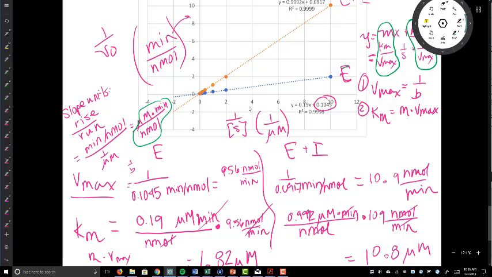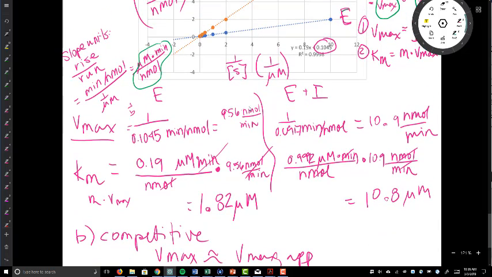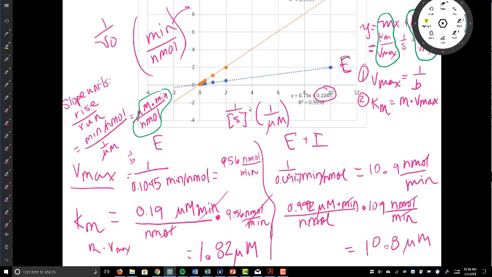If we multiply by the Vmax, which has units of nanomole per minute, the minute and the nanomole both cancel out, and we get a Km of 1.82 micromolar for the enzyme alone. And that makes sense. The units for Km are really scary, but now you can trust me and have visual proof that the units work out, even if you don't have micromolar for substrate and micromolar per minute or whatever on the y.